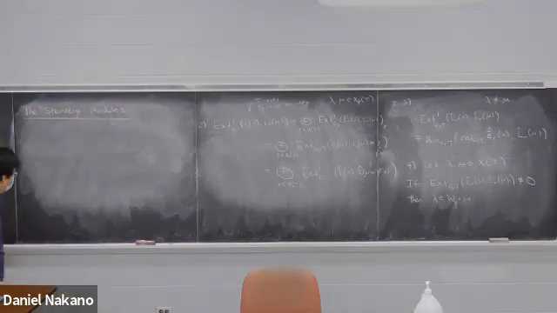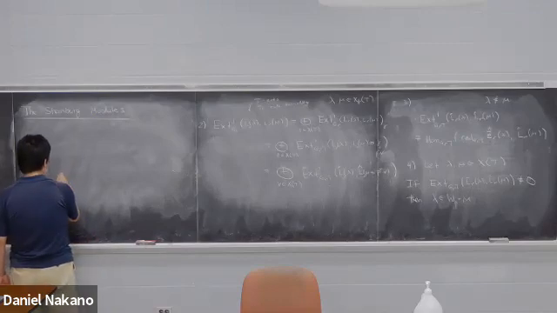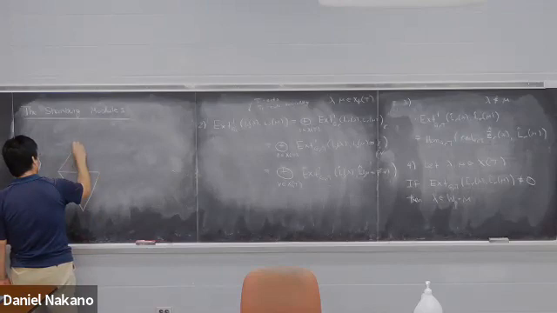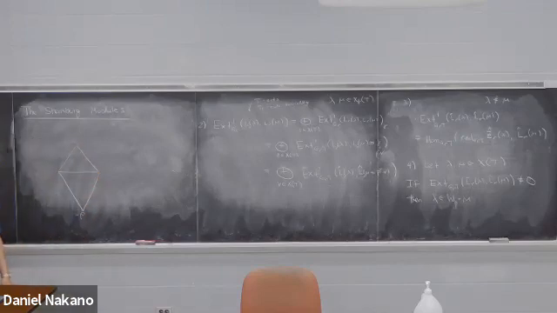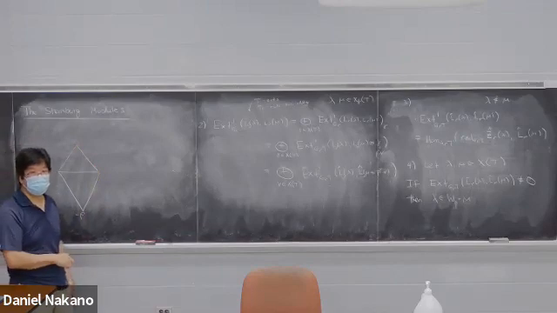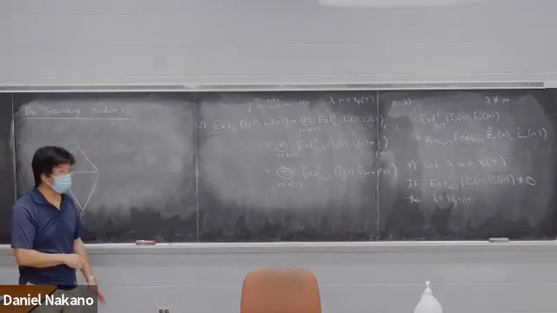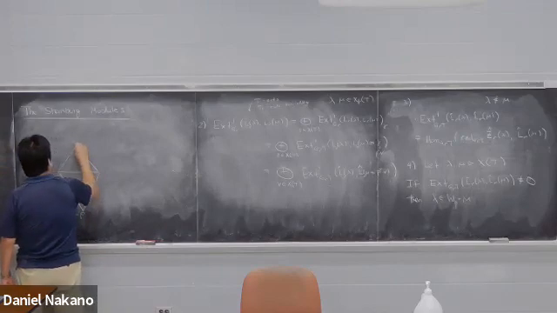So let me just draw you a picture. This is the A2 picture over here, minus rho. So the point is that at certain vertices, nice things happen. For example, at this vertex here, this is p minus 1, p minus 1.